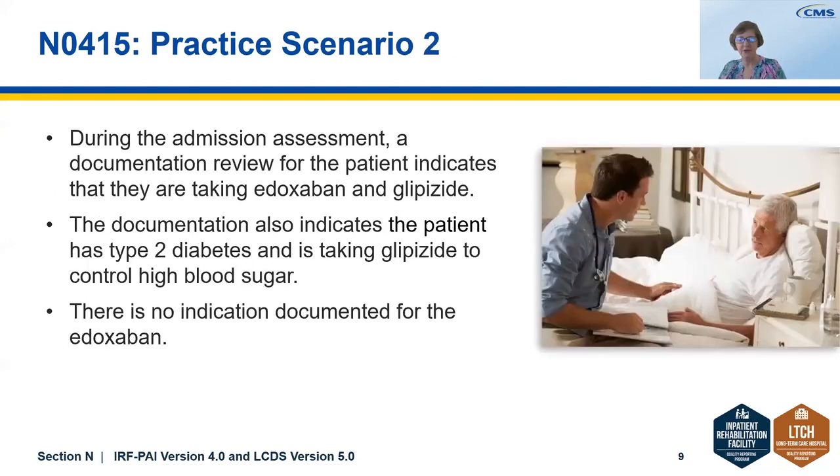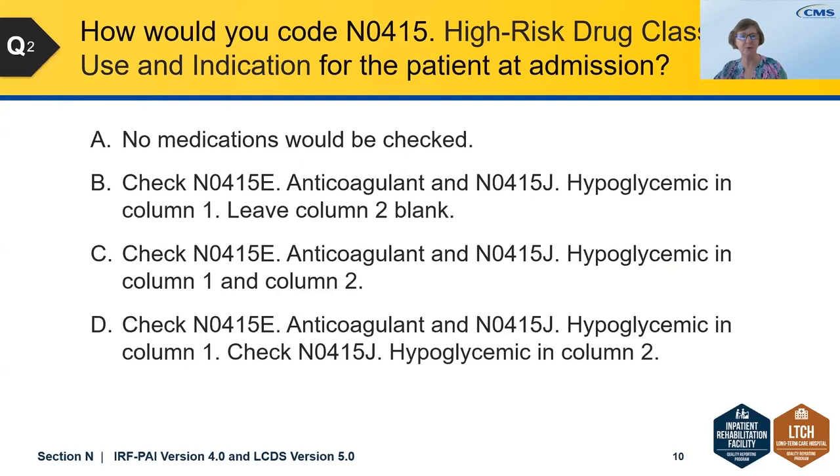In this scenario, during the admission assessment, a documentation review for the patient indicates that they are taking edoxaban and glipizide. The documentation also indicates the patient has type 2 diabetes and is taking glipizide to control high blood sugar. There is no indication documented for the edoxaban. So let's move to our next poll. Looking at the item, how would you code N0415 high-risk drug classes, use and indication for this patient at admission?